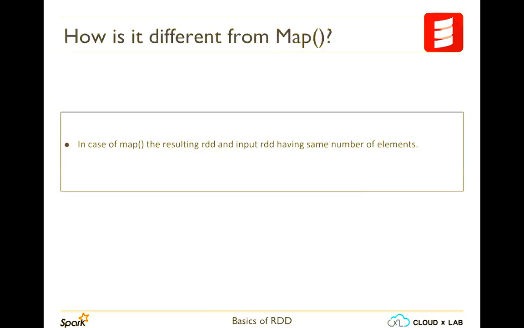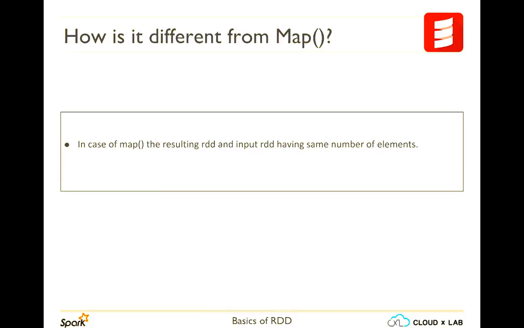Now, the question is, how is it different from map? This question you actually asked when we were discussing Scala also. In the case of map, the resulting RDD and input RDD have the same number of elements, right? Map as well as flatMap both run your function against every element in the RDD. Just that in the case of flatMap, the function should return an array instead of a single value.